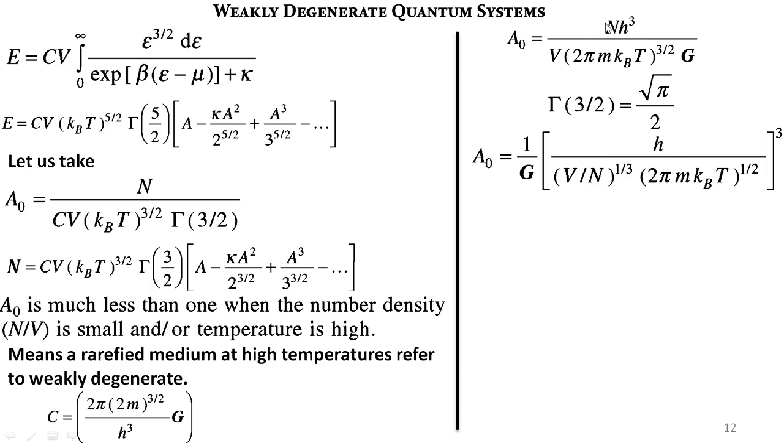Now here N doesn't have cube, V doesn't have cube. So if you are raising them to the power 3, we have to take care of that, and it will be nothing but V over N. So this N goes here, raised to the power 1 by 3, so that this 1 by 3 when multiplied with this results in nothing but V by N. Same here, it is already raised to the 3 by 2, so 3 taken out, it is just left as this whole term raised to the power half.